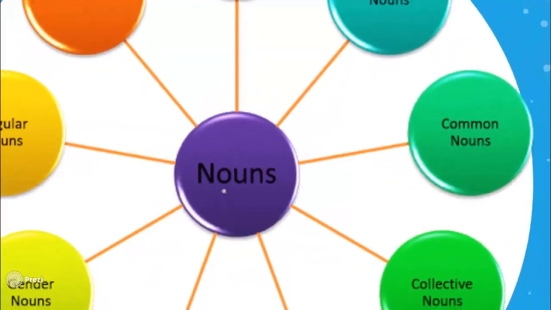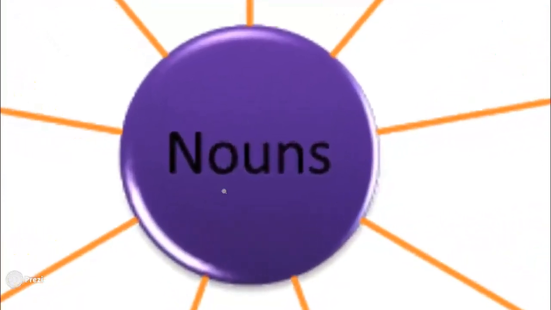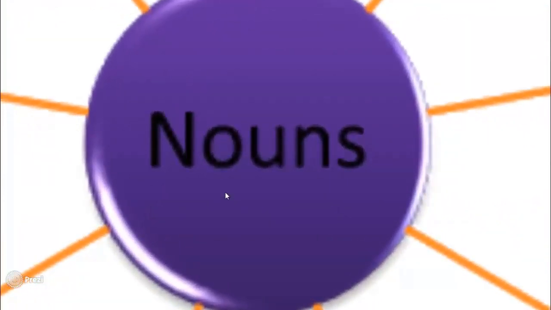Nouns. A noun is a word used to describe a person, a place, or a thing. So we talk about books or cities like New York or New Delhi or Medellin, or we talk about Carlos or he or the president, and those would be the nouns.